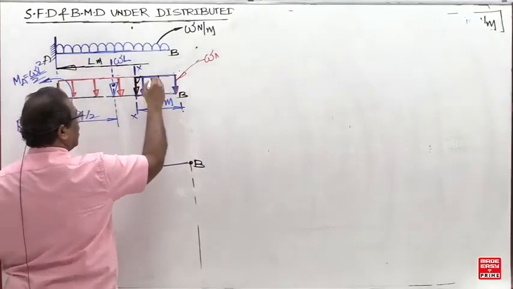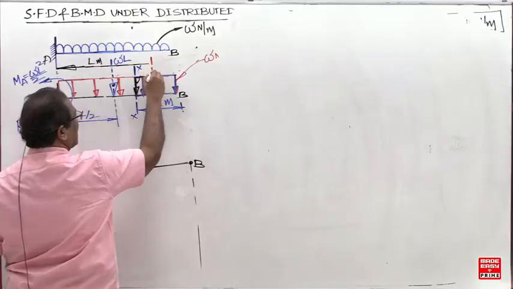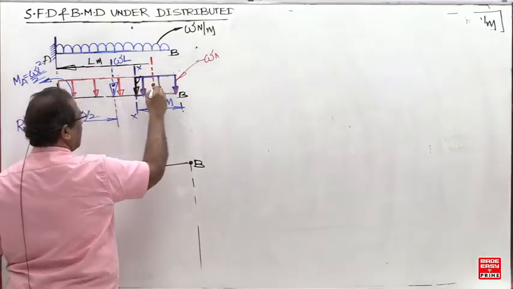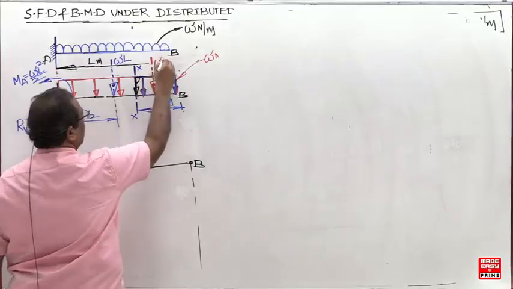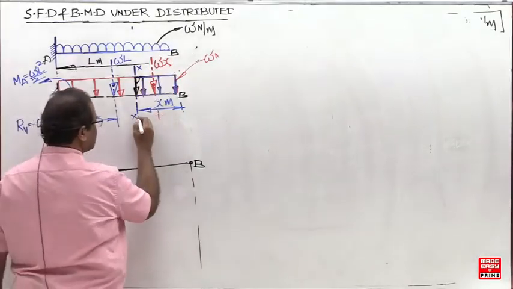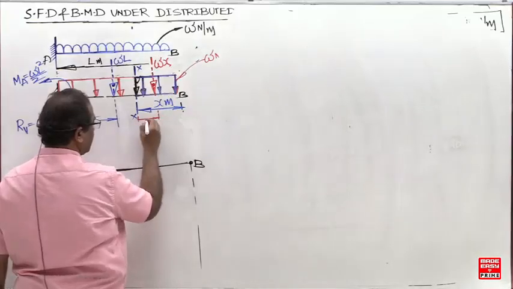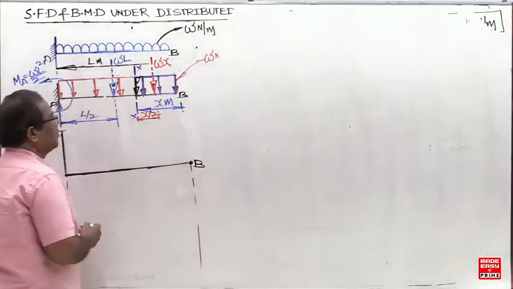The total load of this rectangle is Wx. And what is this distance now? x by 2.